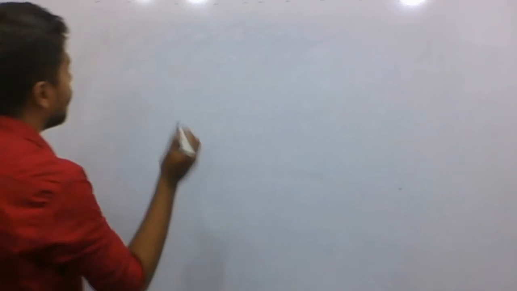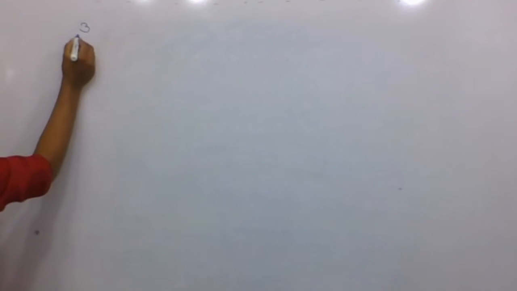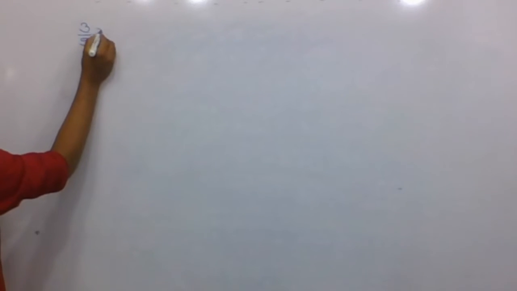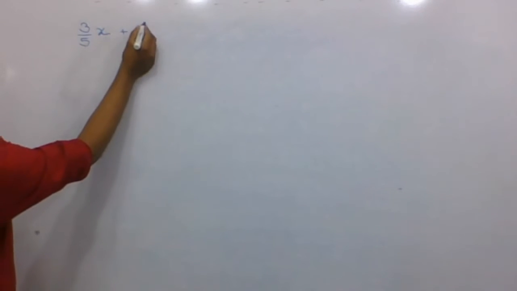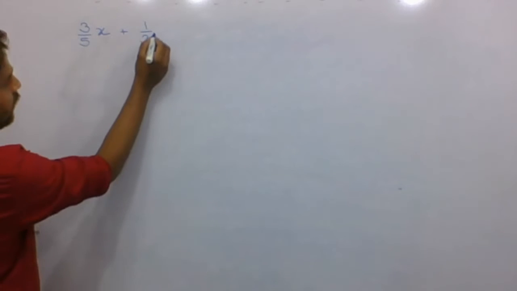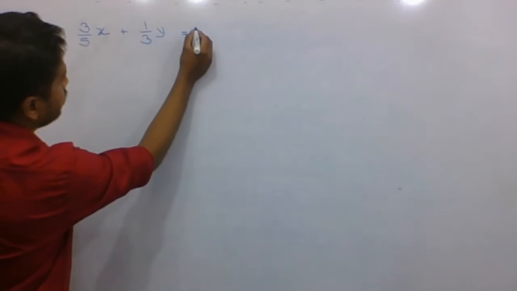Look at this one. Here you can see 3 over 5x plus 1 over 3y equal 3.